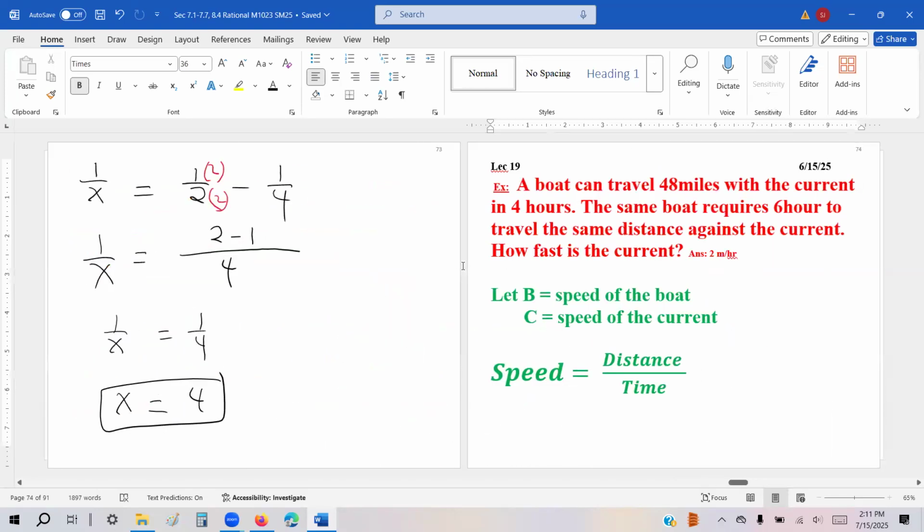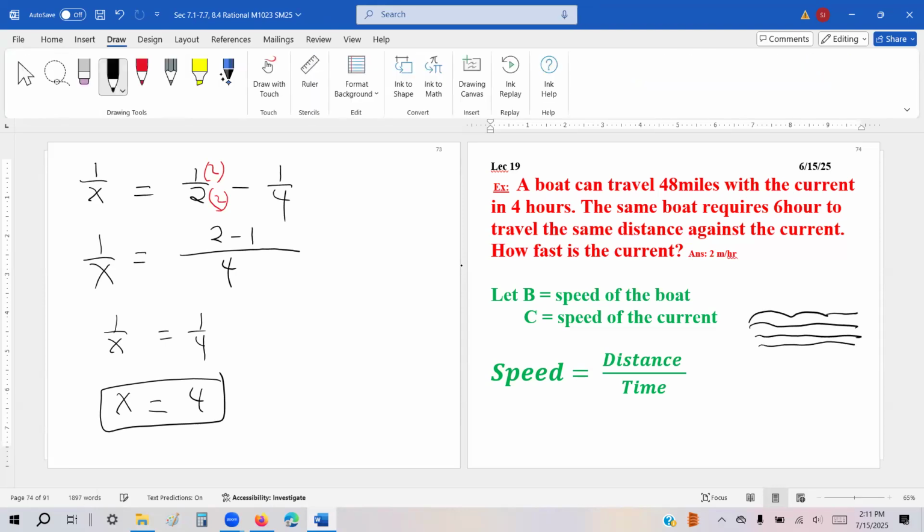We did 3 questions, and now the last question of this section. About a boat traveling 48 miles with the current in 4 hours. A real life scenario, though we often use cars rather than boats. So let's say we have water and you have a boat. Now, we have 2 scenarios.